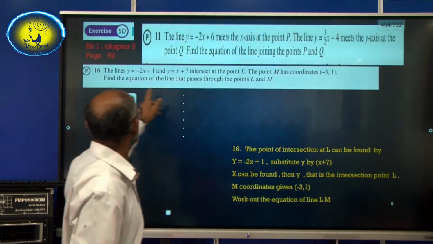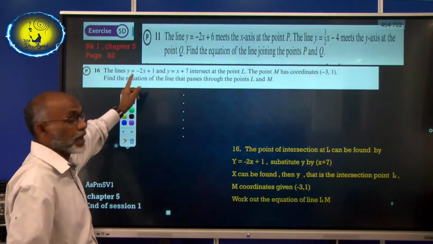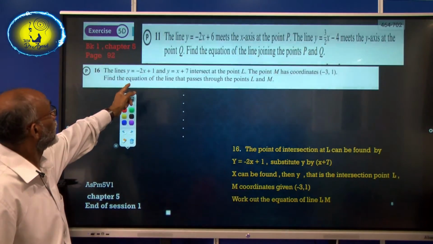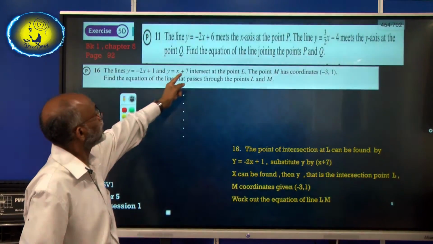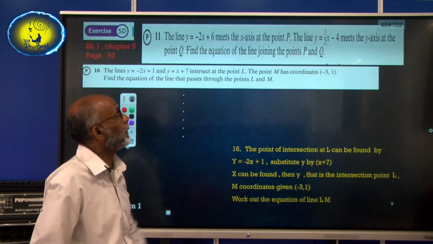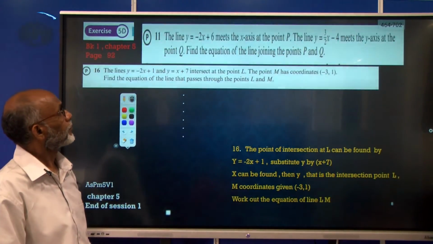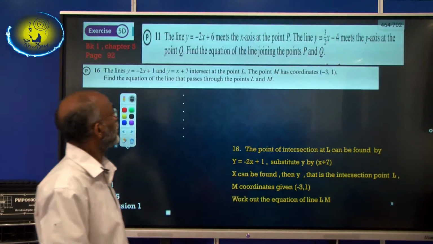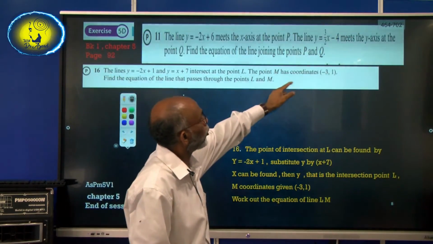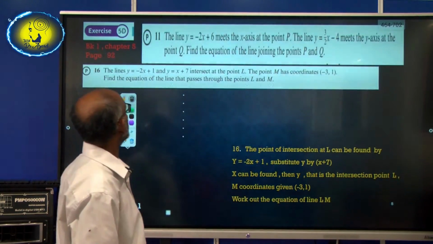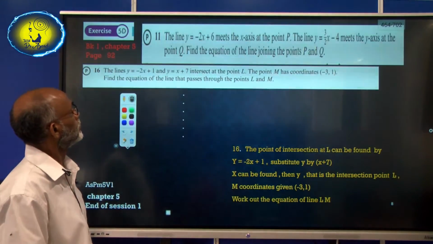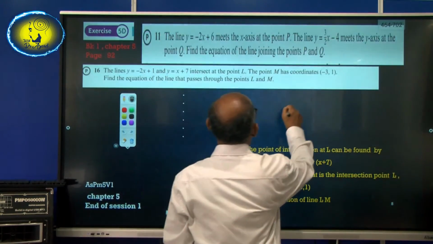Now let's talk about question number 16. There are two lines that intersect each other at a point L. The point M has coordinates minus 3 and 1. Find the equation of LM.